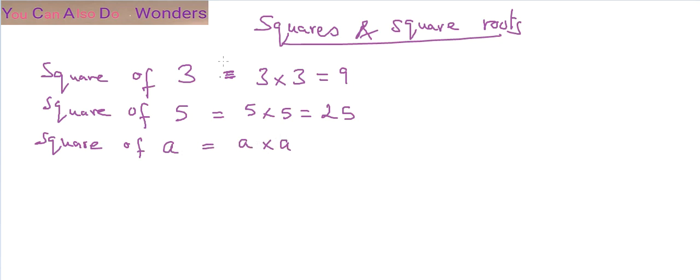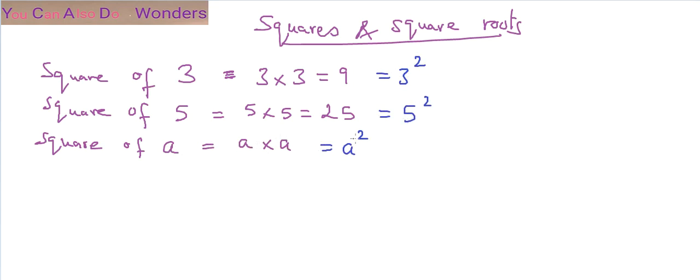So square of a number, we write it as, square of 3, we write it as 3 square. So this is how we represent it. So 3 square is 9. Similarly, square of 5 is 5 square. 5 square equal to 25. Similarly, square of a is a square.